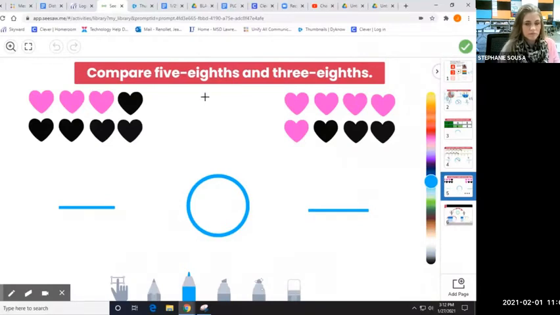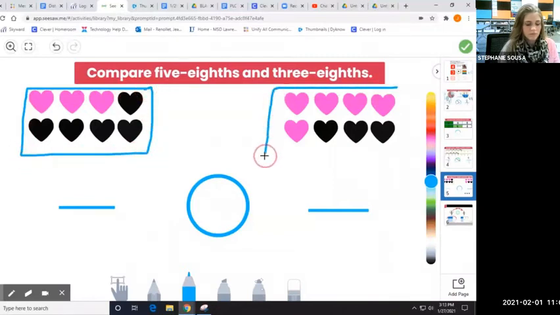Our job is to compare 5/8 and 3/8. Notice that my models are exactly the same size. That means we can compare these two fractions because each part, each heart, is the same size in both models.